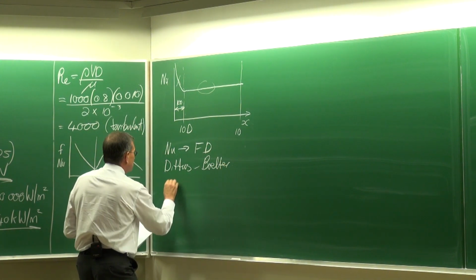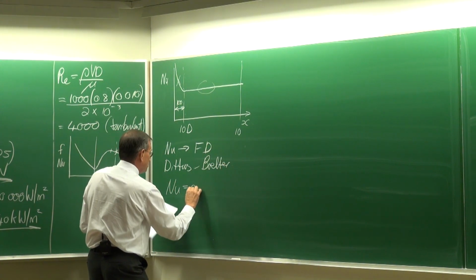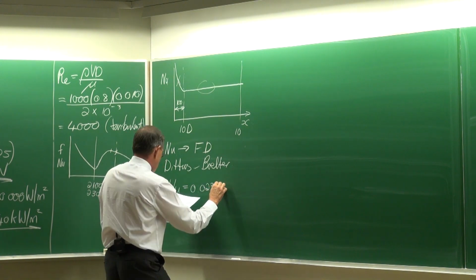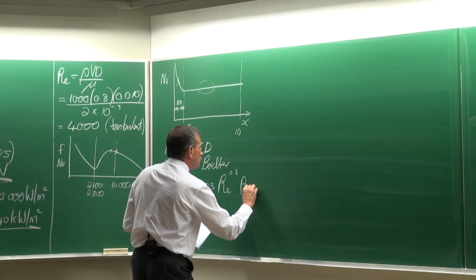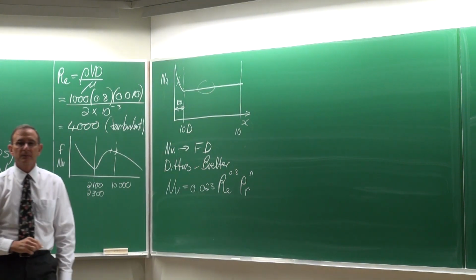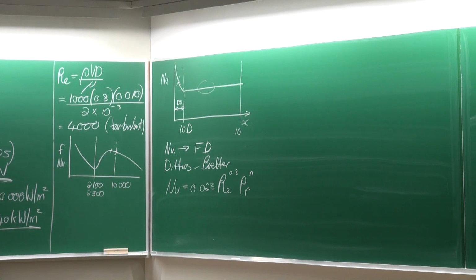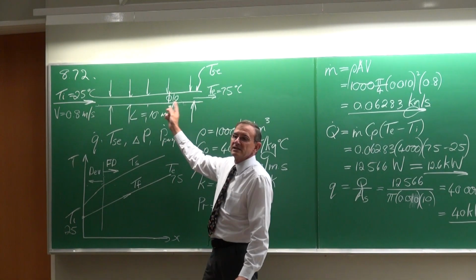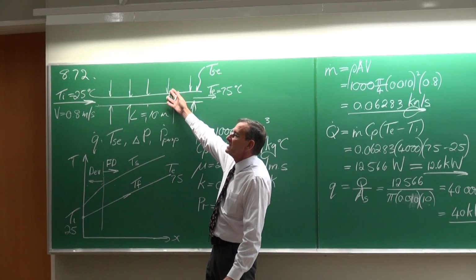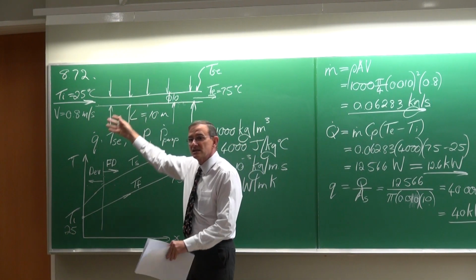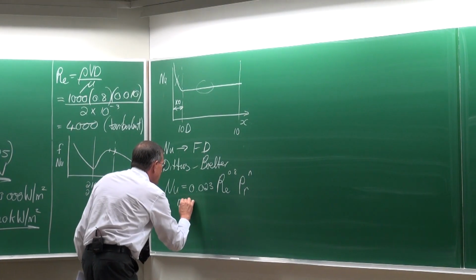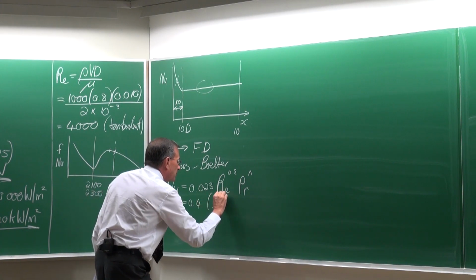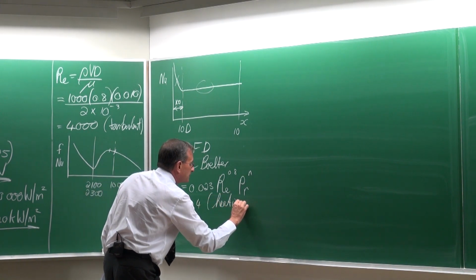The Dittus-Boelter says the Nusselt number is equal to 0.023 multiplied by Reynolds to the 0.8, Prandtl to the n. Where n is equal to 0.3 if you are doing cooling, while n is equal to 0.4 when you're doing the heating of the fluid. And in this case, the fluid is being heated. So n is equal to 0.4 because we are heating the fluid.